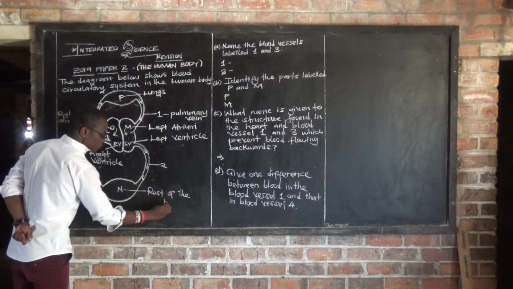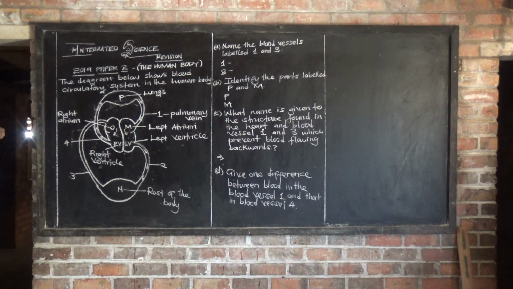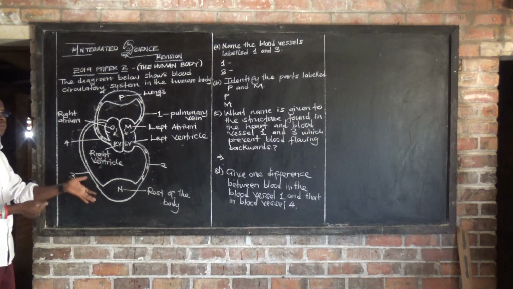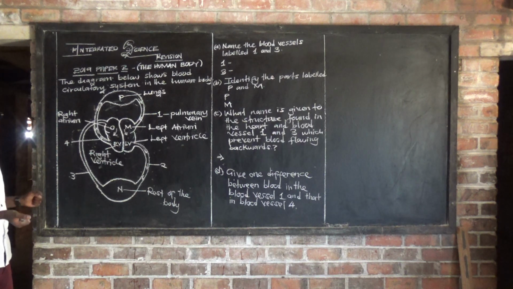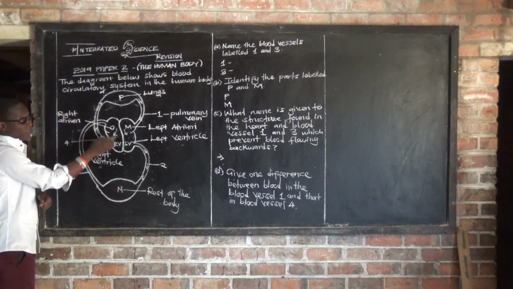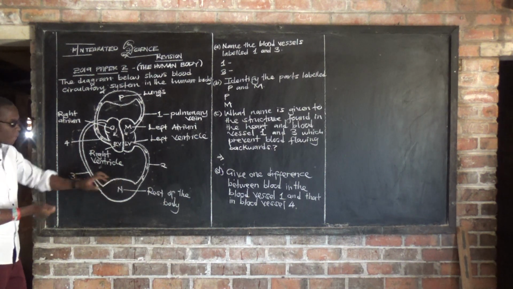When you say rest of the body, you're talking about different tissues or organs, such as the liver, the brain, the eye, and others. Are we together, apart from the heart and the lungs?